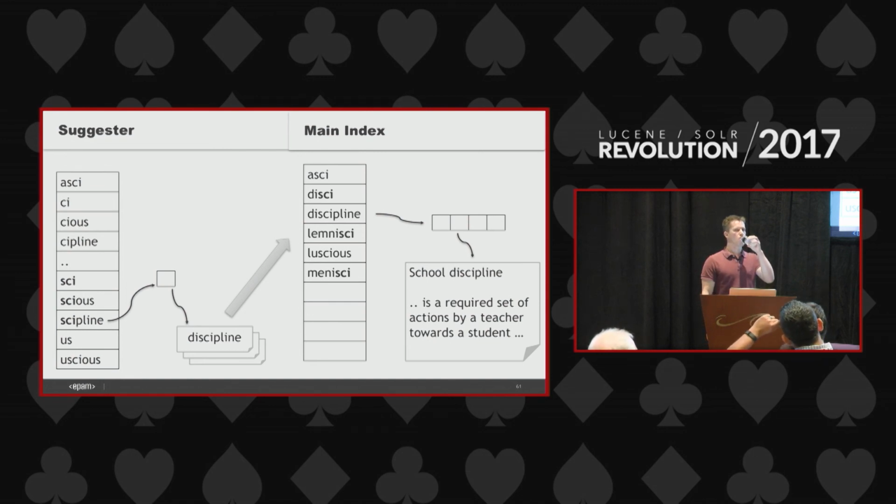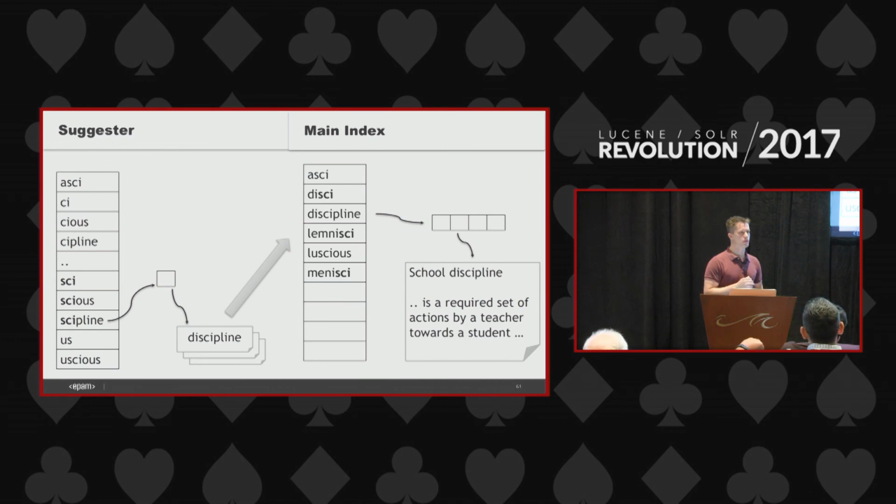So then, how do you disambiguate, or how do you pick which hits to use? Because sci star could have multiple results that have that term in it. Like you could have science, you could have discipline. So how do you pick which one to use for the main index then?